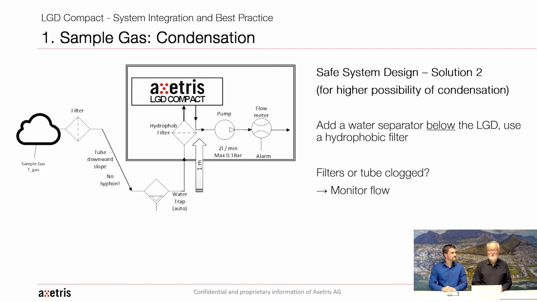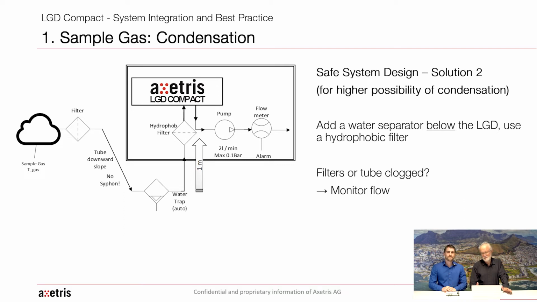That's an old trick from the greenhouse gardening business, where you measure a lot of CO2 and it's very warm, very wet inside, and the instrument is always outside the greenhouse. Also recommended for this setup is to add a hydrophobic filter, like Gore-Tex or similar, at the input of the LGD Compact.